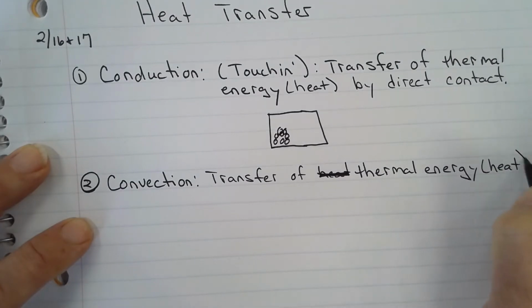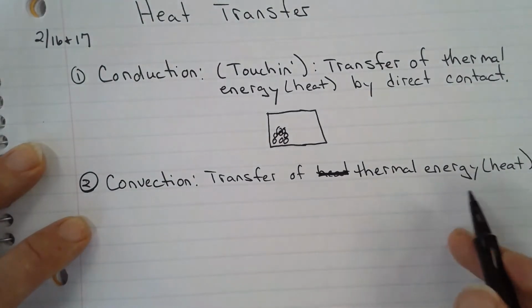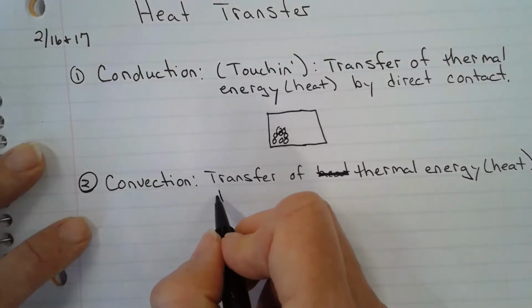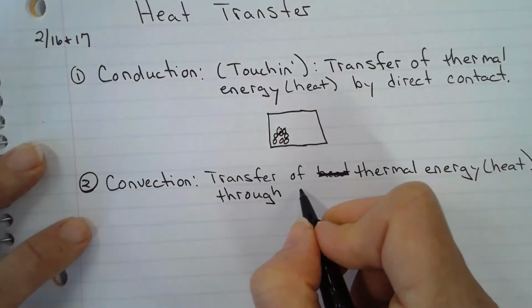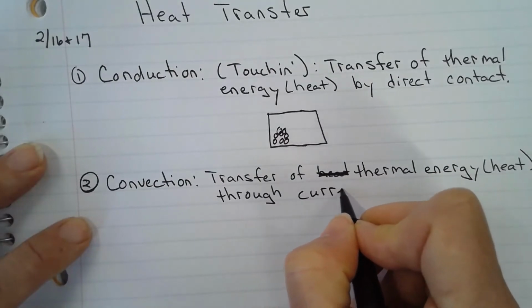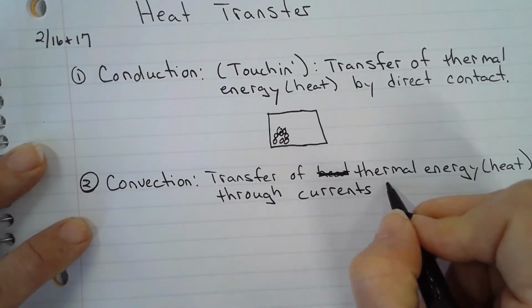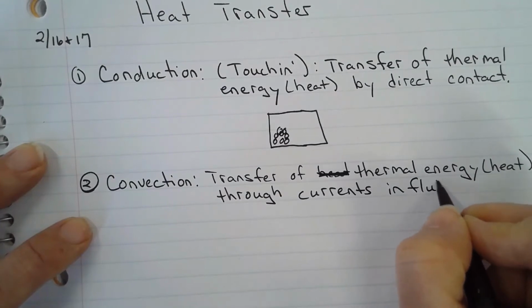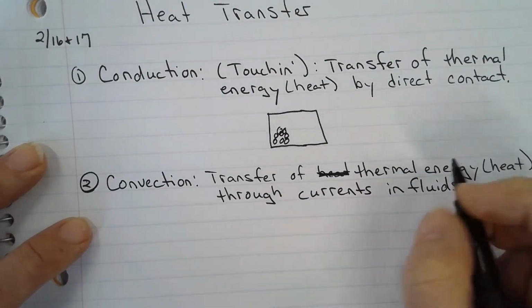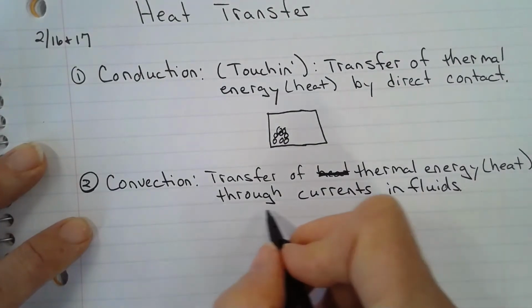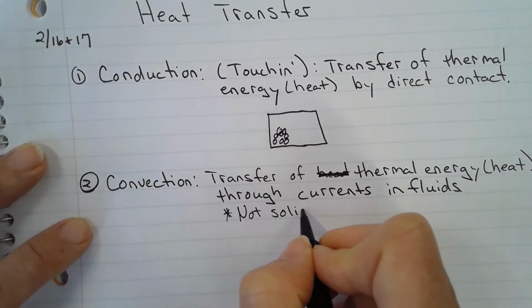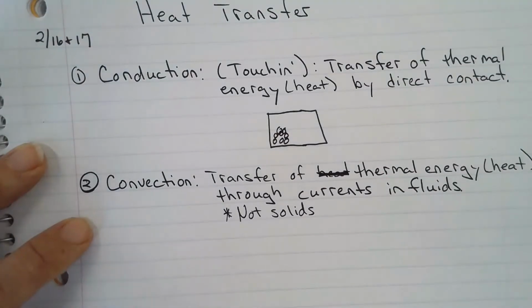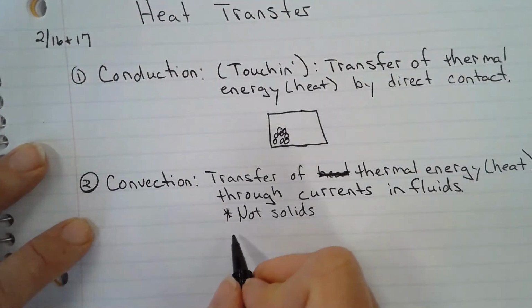Heat is the transfer of thermal energy. So it's a transfer of thermal energy through currents in fluids, not solids. So if you're talking about a solid, it is not convection.